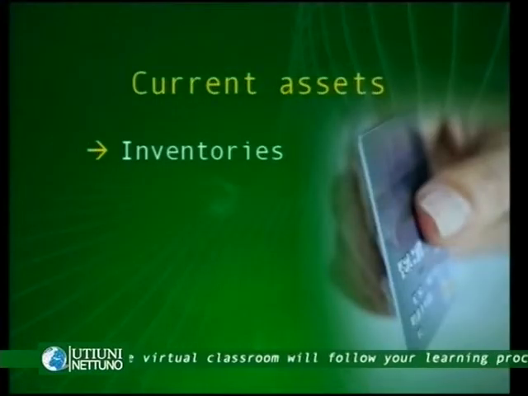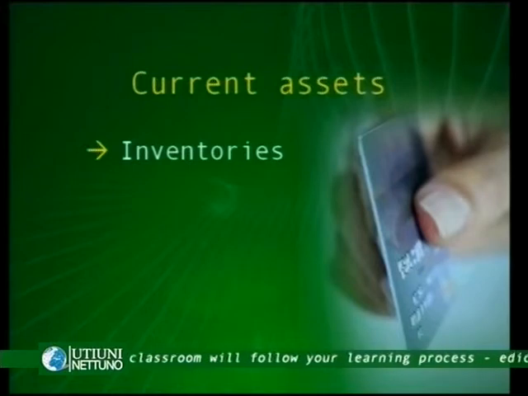Inventories. Inventories can be related to raw materials, components, work in progress, or finished goods. In other words, the project is generating this kind of assets because you need to buy a stock of raw materials before you start the production. These raw materials will be consumed during the life of the project. Then you need components that are used in the production process.